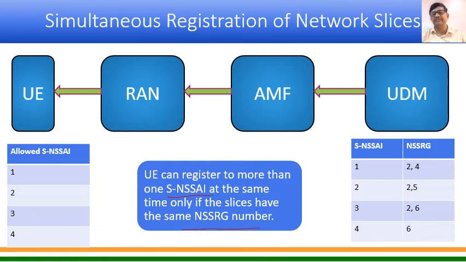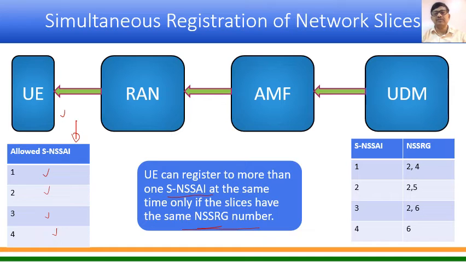For example, the UE is allowed slices 1, 2, 3, 4, let us assume. That means the UE has subscribed to them. Now, the UE will also have information about NSSRG, either provisioned into the UE or provided by the AMF.